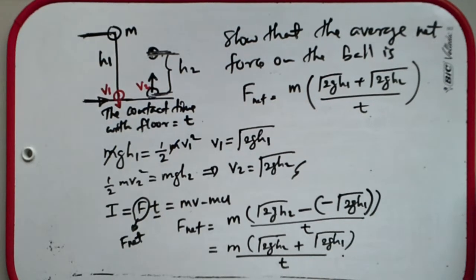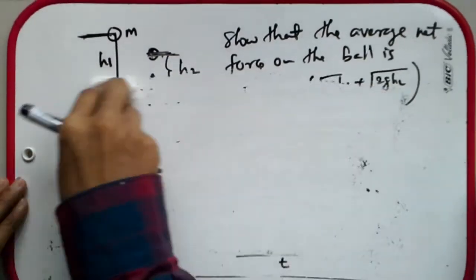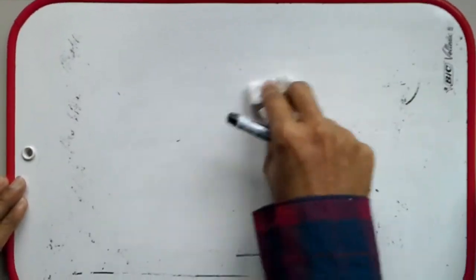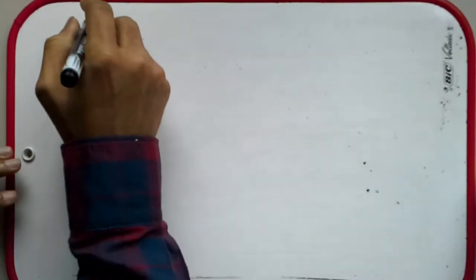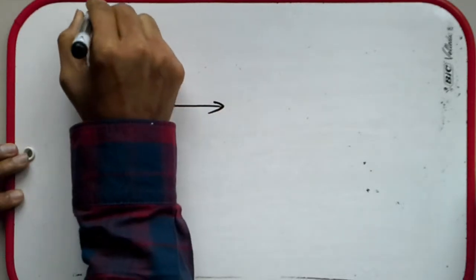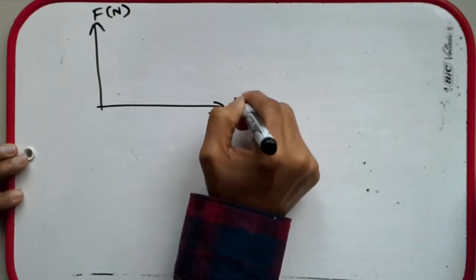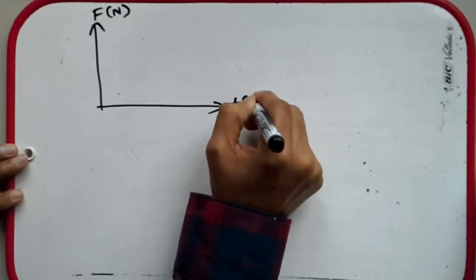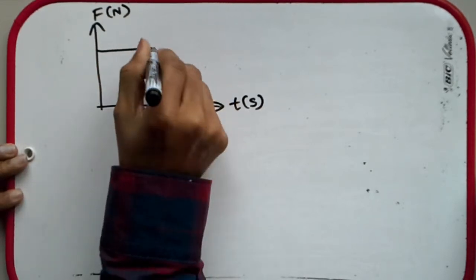Okay, so we'll move to the next question. We have done a very similar problem, right? Yeah, so it is more or less the same problem. I already did this, but anyway, we'll solve this problem. So here you have a graph of force and time, and this is how it varies.